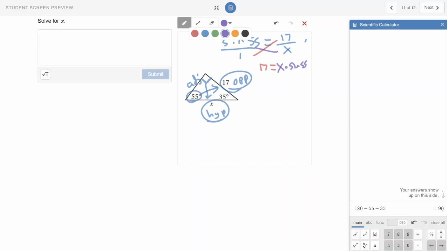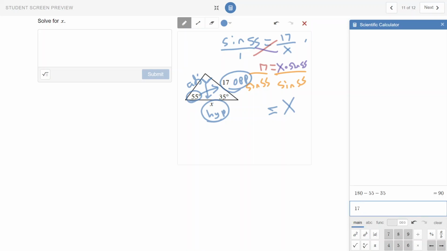From here, you want to get x by itself, so you could divide both sides by sine 55. And that gives us x is equal to whatever 17 divided by sine 55 is. Let's type that in the calculator. This would be 20.75-ish, approximately. All right, guys, that's the end.